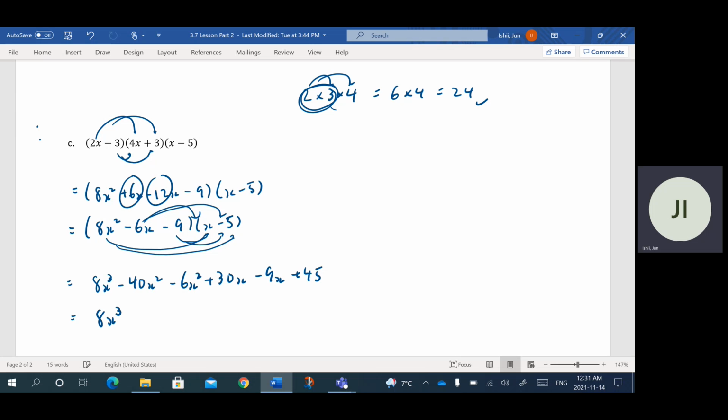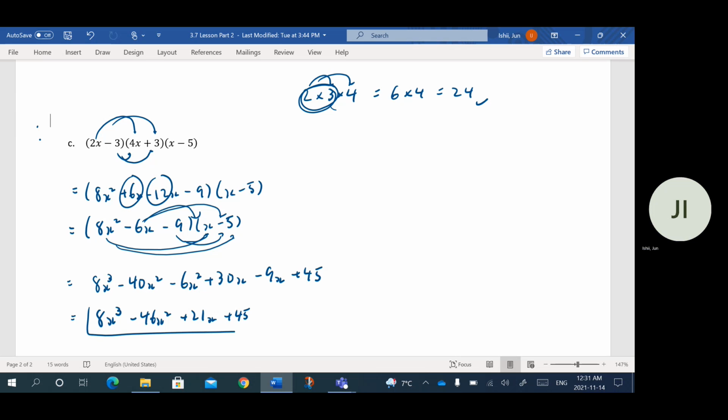Sorry, that's an x squared. So negative 46x squared plus 21x plus 45. So that's the actual correct answer there. The other thing is, when you're multiplying, make sure you copy down the correct binomial. Cool, so that's it.